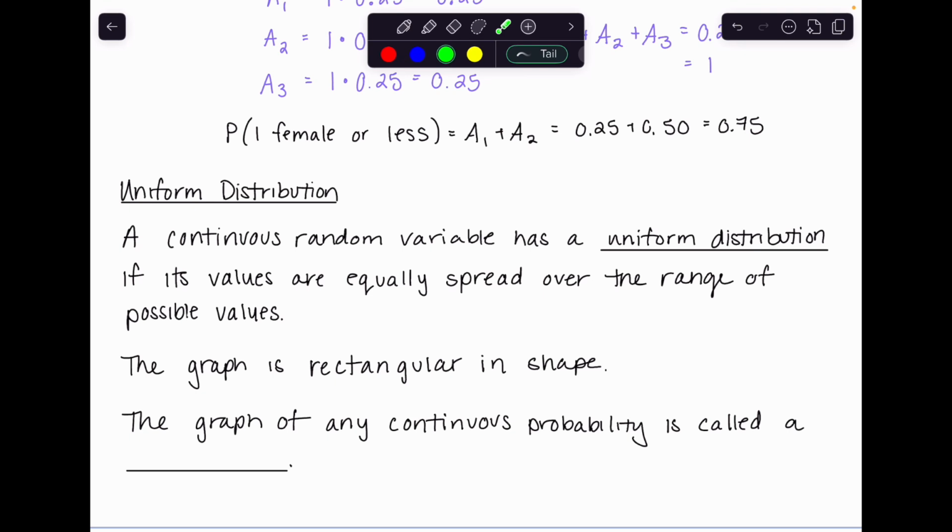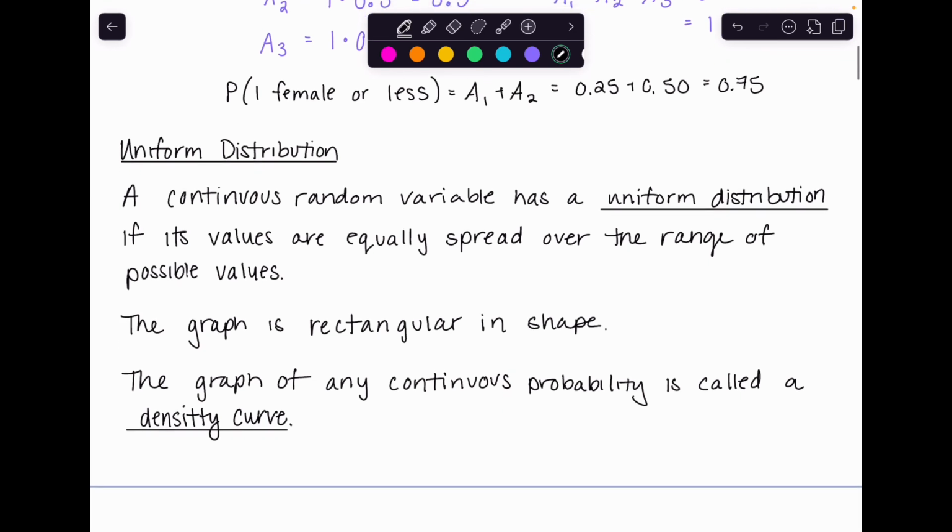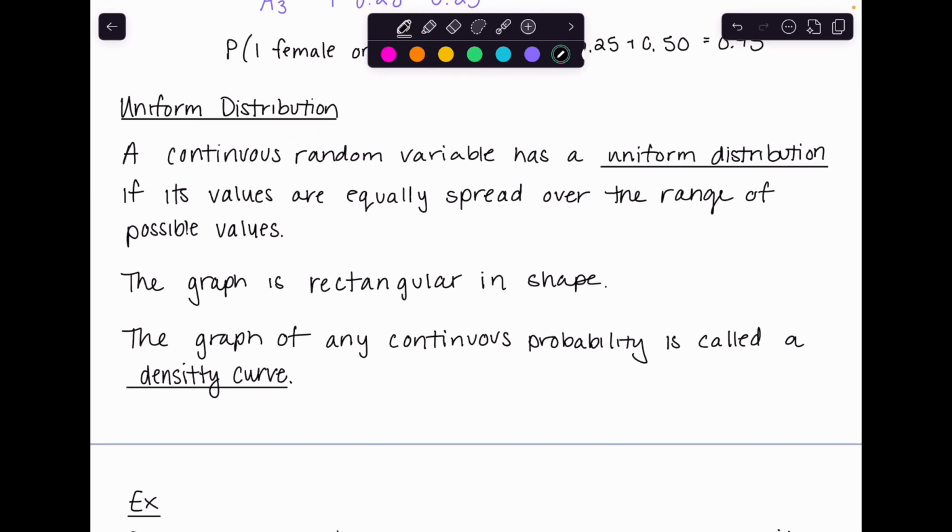When you graph a continuous probability distribution, what it creates is something called a density curve. And so that will give you, again, up to a certain point, this area, which is related to that density, is the probability of that event happening. So what I'm going to do is look at a specific example so we can actually see what's going on.